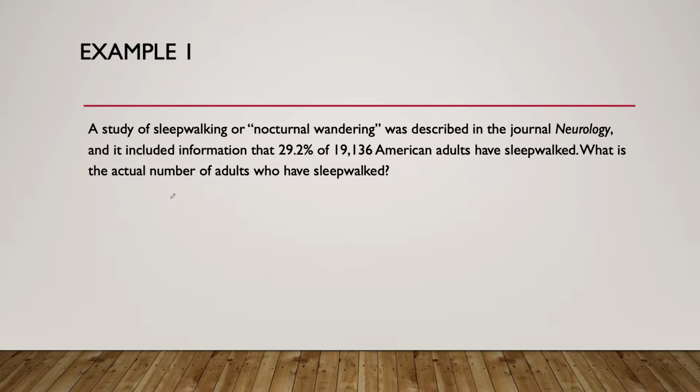So, this uses the formula of p hat is equal to x over n, where x is the number with the characteristic. Here we are given the proportion to be 29.2%, so 0.292. This would be equal to, we don't know x, but we know the total number was 19,136.